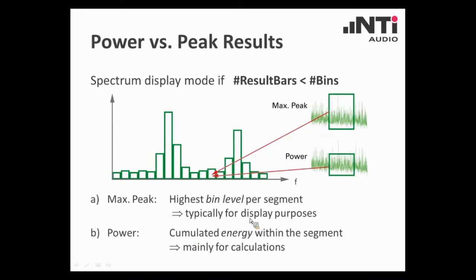There are some calculations where you use the maximum peak, but in most calculations, as you're going to see in a minute, we would use the power approach. But always keep in mind these two different ways of visualizing or acquiring the FFT data if the number of bars is smaller than the number of bins of the FFT calculation.